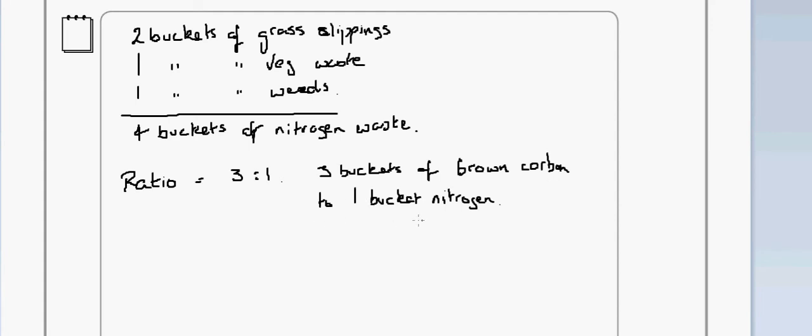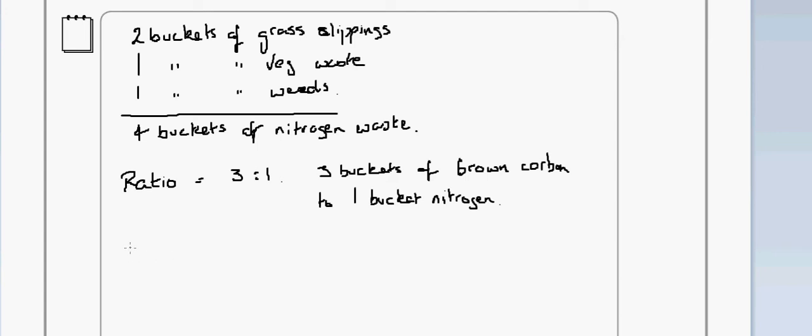So if she had 2 buckets of nitrogen, she would need 6 buckets. So if she has 3 buckets of nitrogen, then she has 9 buckets. So if she has 4 buckets of nitrogen, she has 12. Okay, so we're just multiplying up.